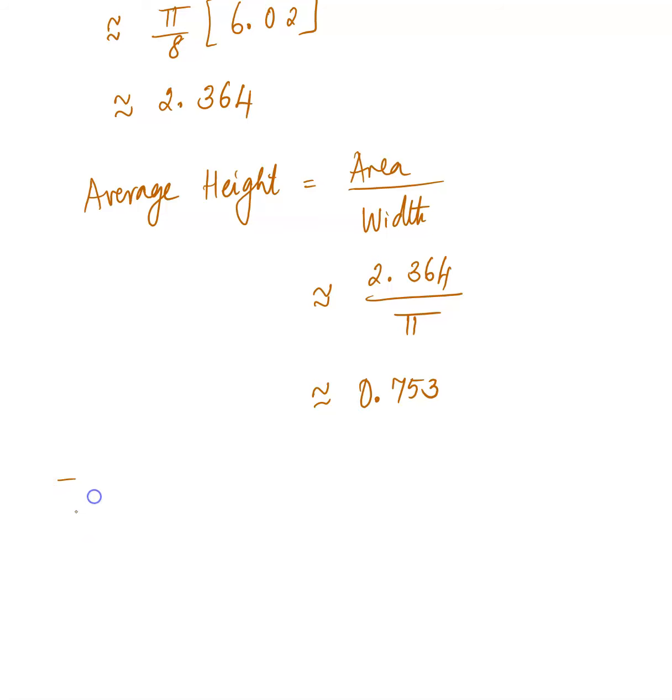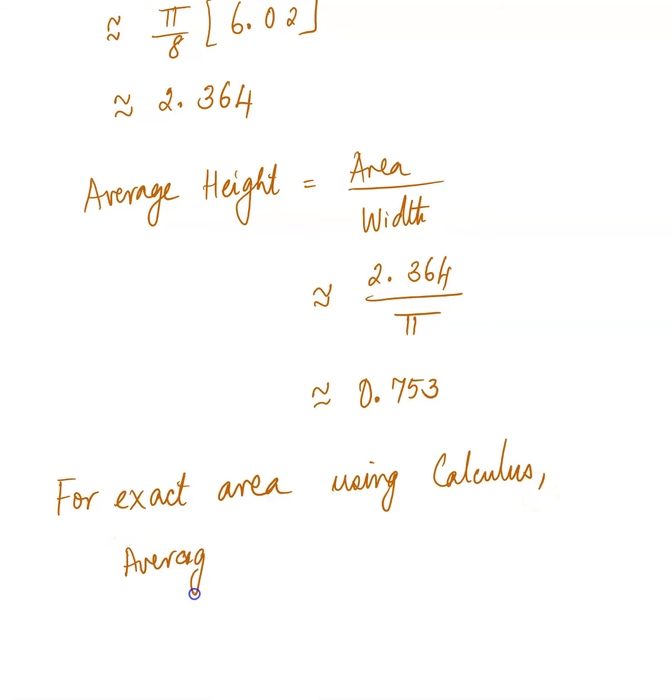just say for exact area, the exact area using calculus, what we find is the average height is area, which is 2, not 2.364.